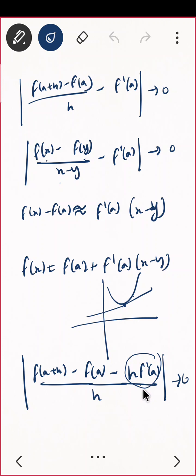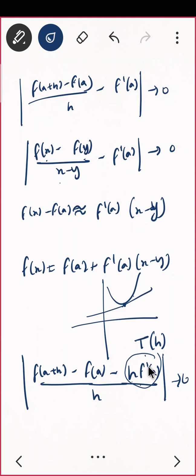That is, in earlier case we wanted to find this guy to say whether function is differentiable or not, but now at the place of this I am going to put a transformation T of h. So now I have to find this T of h to say whether function is differentiable or not.